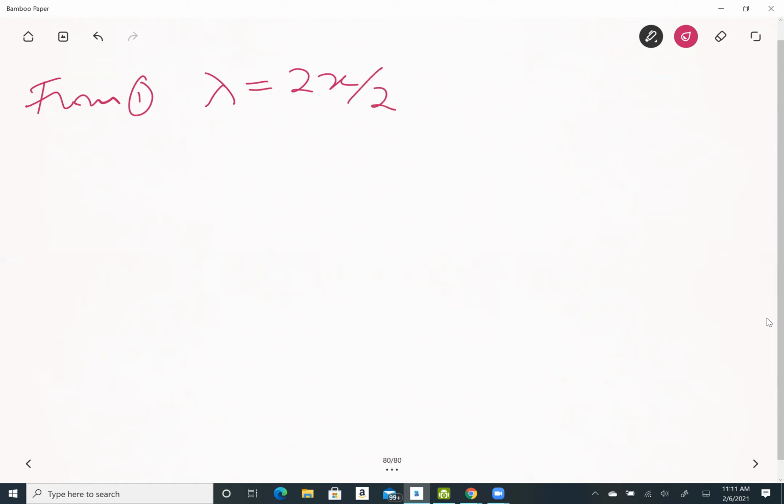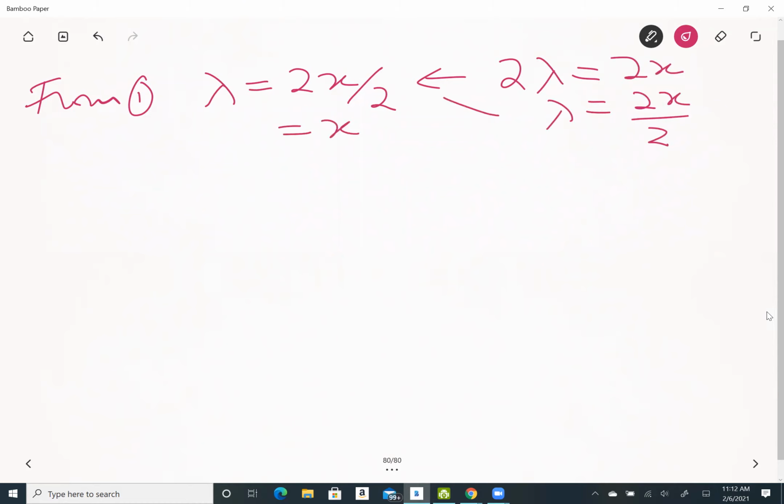That means 2 lambda equal to 2x. Therefore, lambda is equal to 2x over 2, which is equal to x.